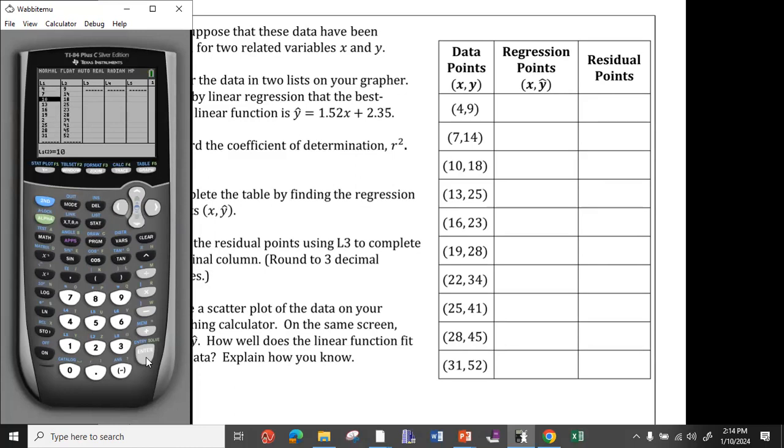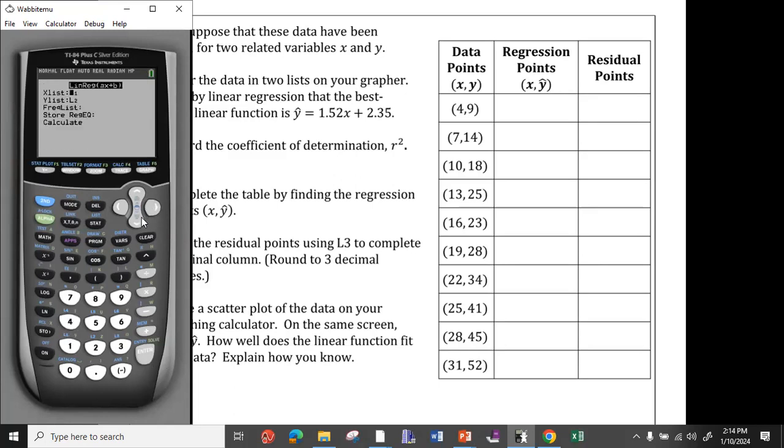4, 7, 10, 13, 16, 19. Oh, I put 2. 22, 25, 28, 31, 52, 45, 41, 34, 28, 23, 25, 18, 14, 9. You know, putting a 2 for a 22 could be the problem.